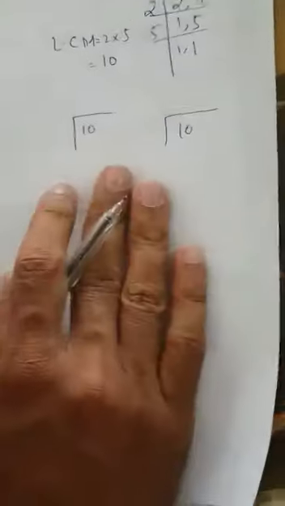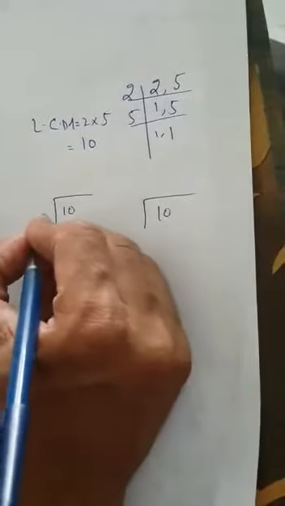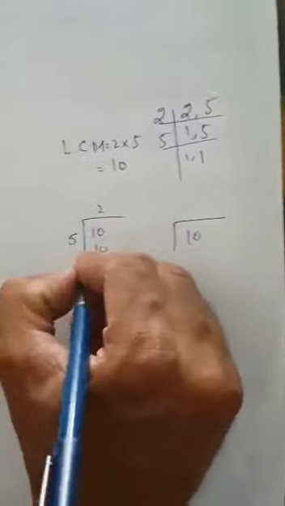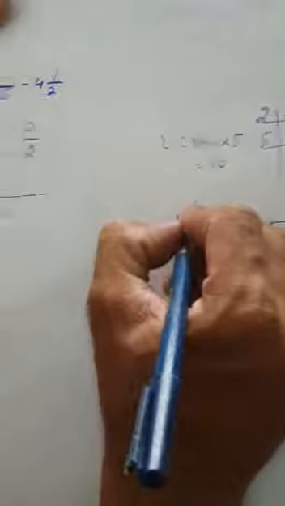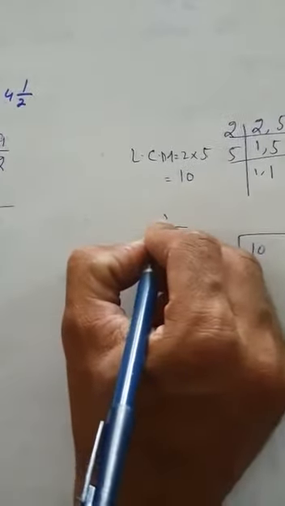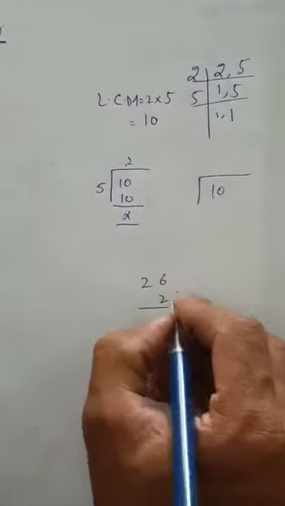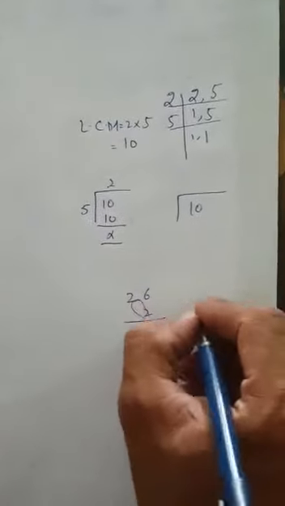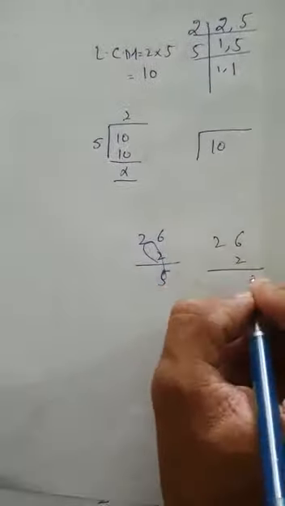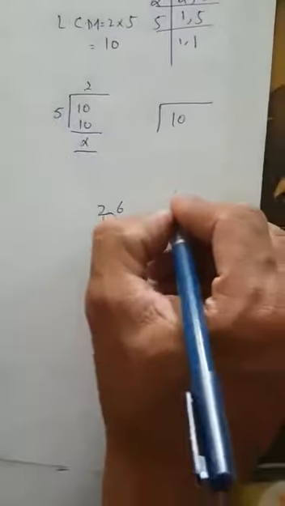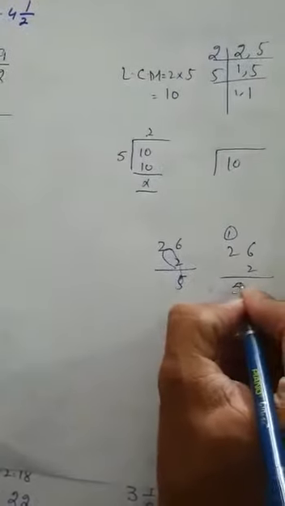We will write the 10 as dividend. First we divide with 5. 5 2s are 10. Now this 2 will be multiplied by this 26. So if we multiply 26 by 2, then 2 6s are 12. We carry 1, 2 2s are 4, 4 plus 1 is 5, 52.